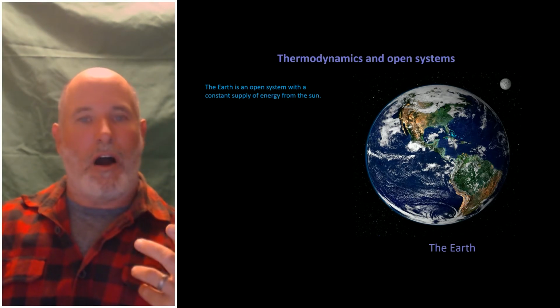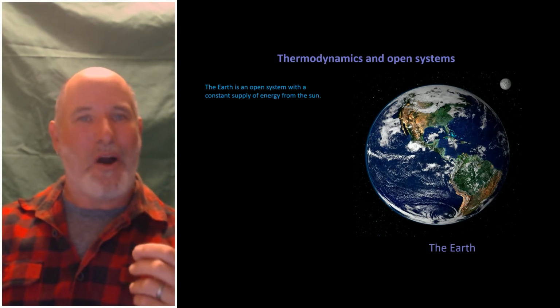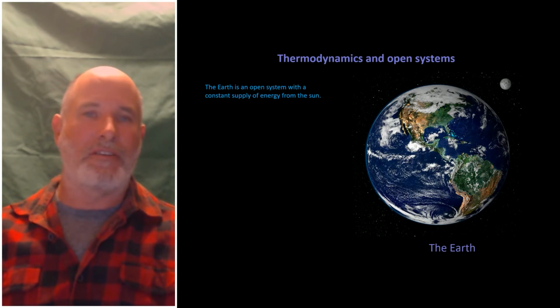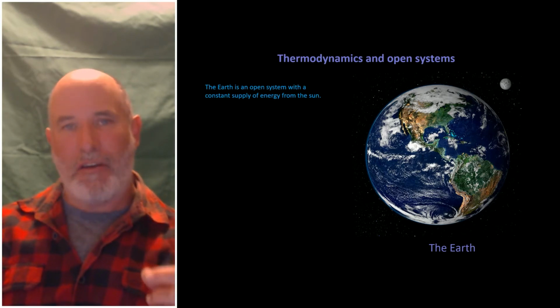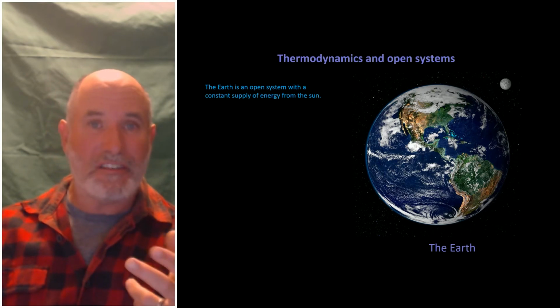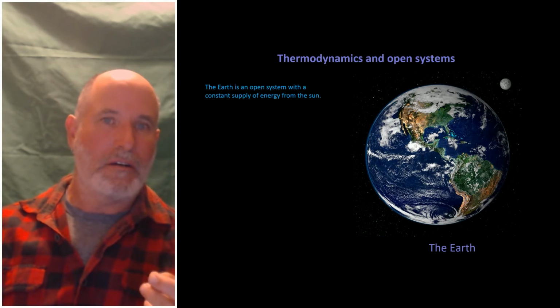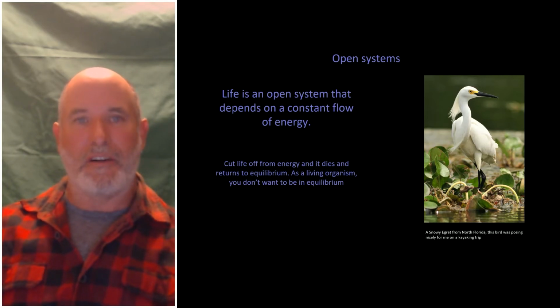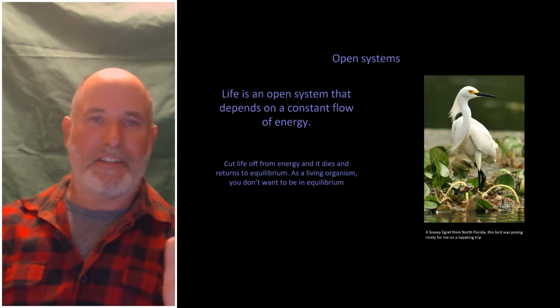And of course, our Earth is an open system. We have a constant supply of sunlight always coming into the Earth. And the Earth is not the only open system. In fact, most things in the universe are actually open systems. And of course, life is an open system. This is a snowy egret.